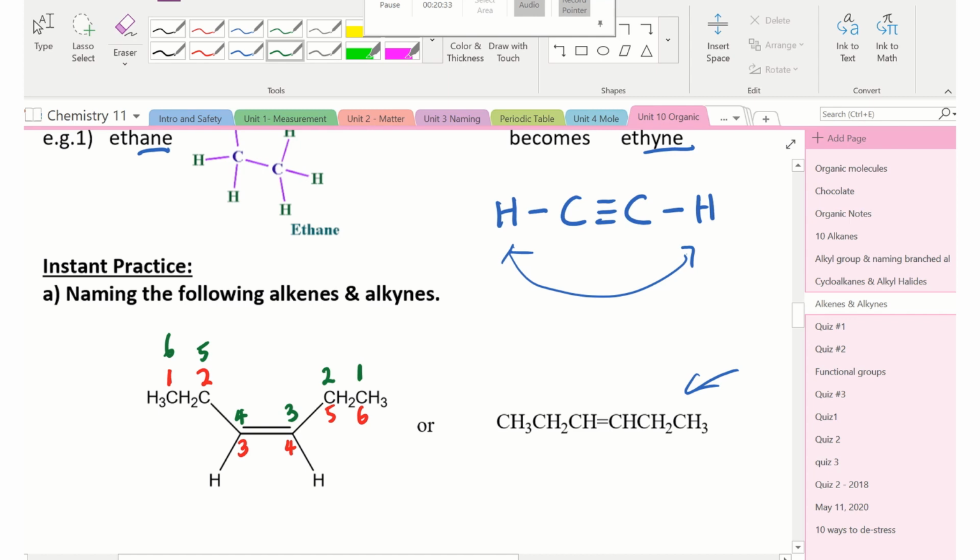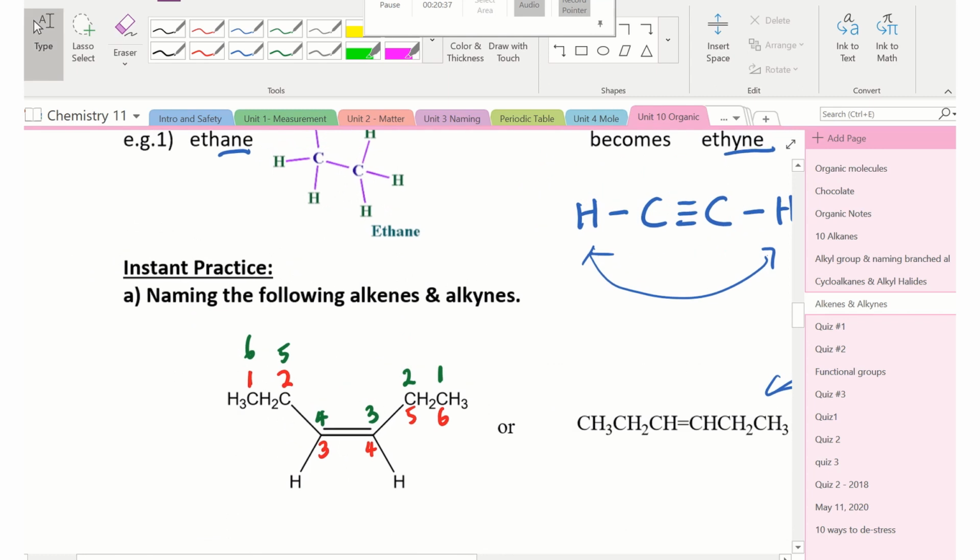For this one it doesn't matter if I go left to right or right to left, the double bond is between carbon 3 and 4. You are going to give this one the lowest number, which is carbon 3. So therefore this is 3-hexene. 6 carbon hexene because it has a double bond. It's not hexane anymore, hexene, 3-hexene.